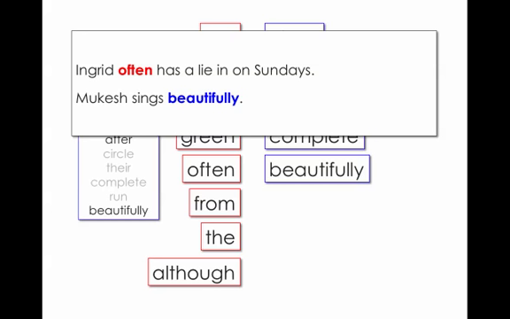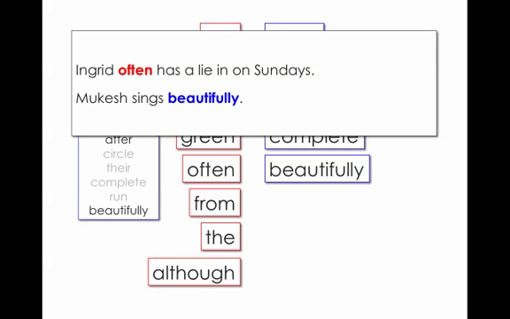And my first sentence, Ingrid often has a lie-in on Sundays, the word often is giving you more information, is answering the question how often. So suppose I said Ingrid has a lie-in on Sundays, and you want to know whether it's every Sunday or the first Sunday of every month, or whatever it is.